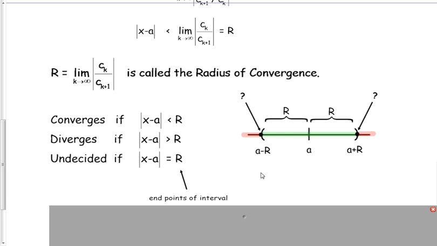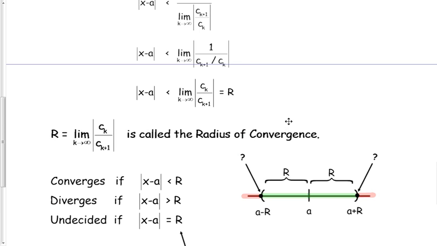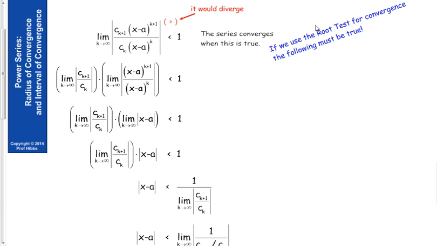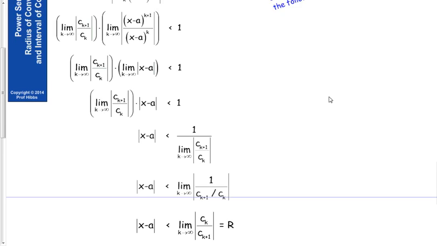That would be when the test gave us a value of 1. And remember, when the root test gives us, did I say the root test way back up here? Oh my goodness, that's the ratio test, isn't it? Not the root test. You've probably been wondering what I'm talking about. That's the ratio test, not the root test.